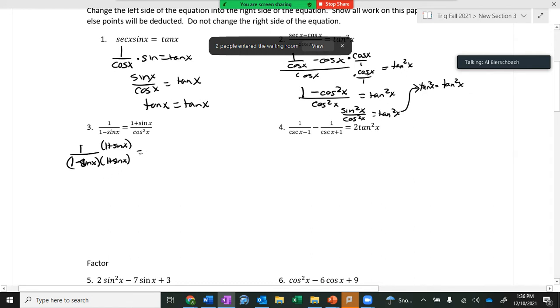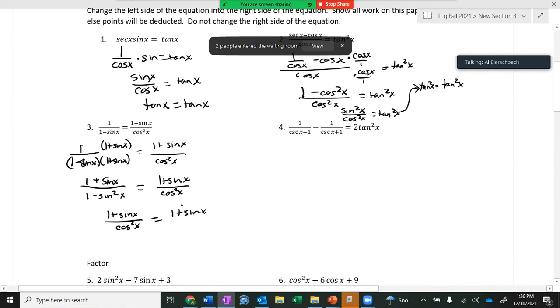So in the numerator, you get 1 plus sine of x, and in the denominator, you get 1 minus sine squared of x. So the numerator is 1 plus sine of x, the denominator is cosine squared of x, and that's what matches the right side.